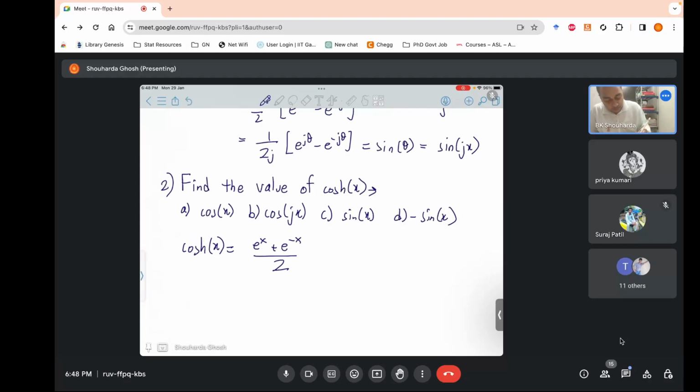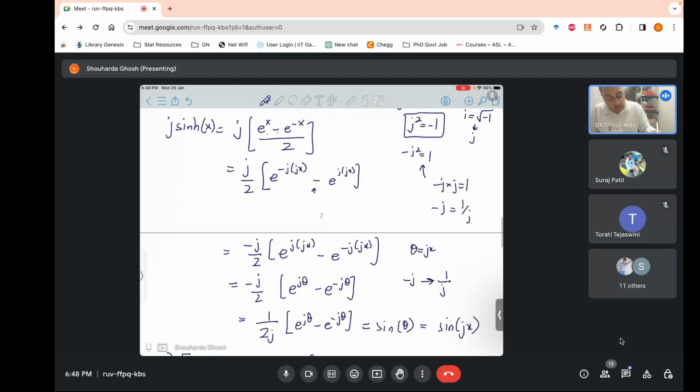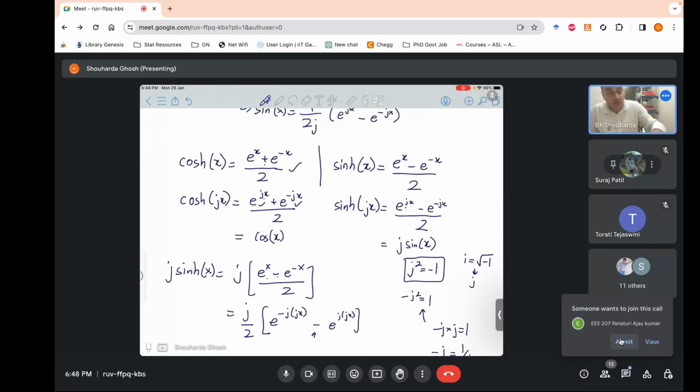Now again that substitution, the so-called imaginary substitution. j square equals minus 1, so e to the power jx, theta equal to jx, e to the power minus j theta plus e to the power j theta, back to our old form.